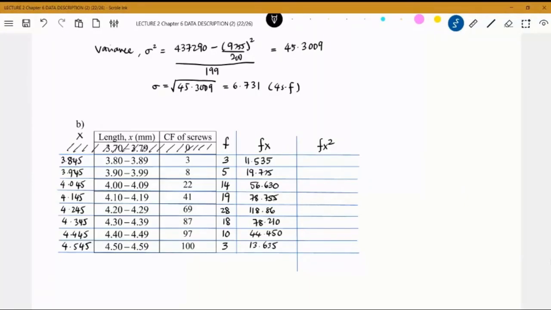The sum will be for the fx. The summation for fx, what do we get? Summation fx.